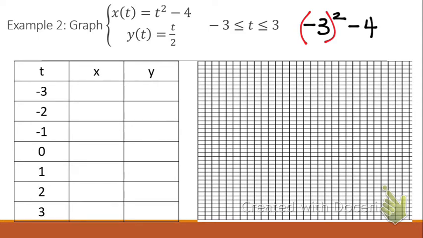So again, this says t is -3 to 3, so that's my interval, -3 to 3. So I made my t-chart. T is -3 to 3. Take these 7 numbers, substitute it into your x function, and then take the same 7 numbers and substitute it into your y function. So take a minute to get those 14 numbers, and then we will graph them.